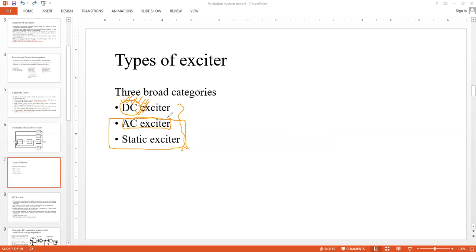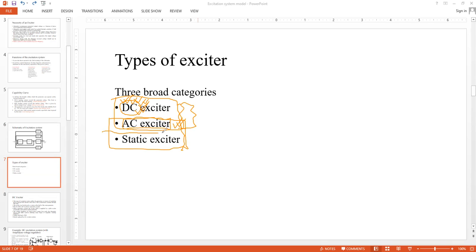Once we have AC generators available and the rectification system developed, we go for AC excitation, and all these DC excitation and AC excitation systems could be rotating. There could be some rotating parts in the excitation block itself.